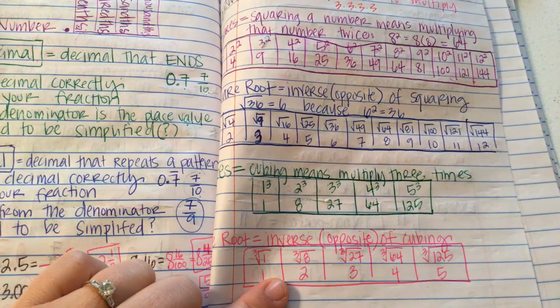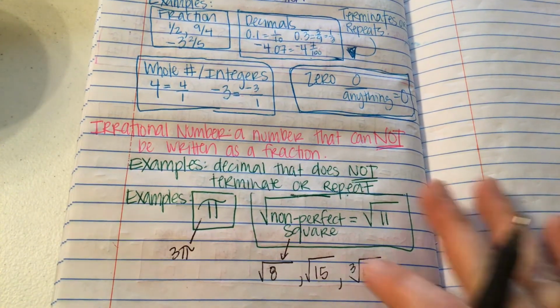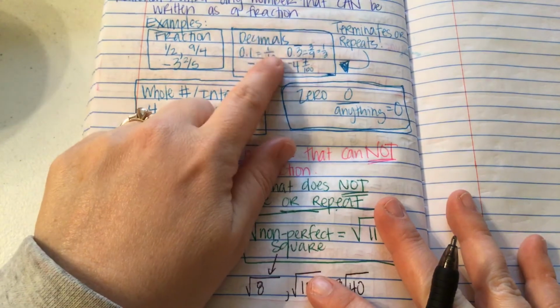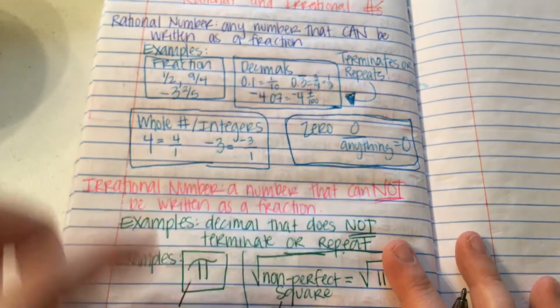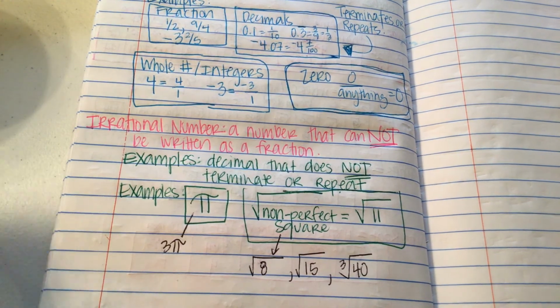So it's irrational. It's this never-ending, never-repeating number. If it repeats, we can make it into a fraction, so it's a rational number. But since these numbers never repeat and never end, they are called irrational numbers.